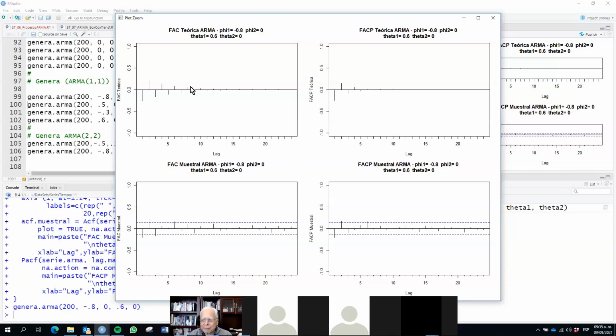That's the pattern it follows. This is the theoretical ACF, and this is the theoretical partial autocorrelation function. You can see the behavior of the ACF here, alternating sign because phi is negative, and it's dying very fast.